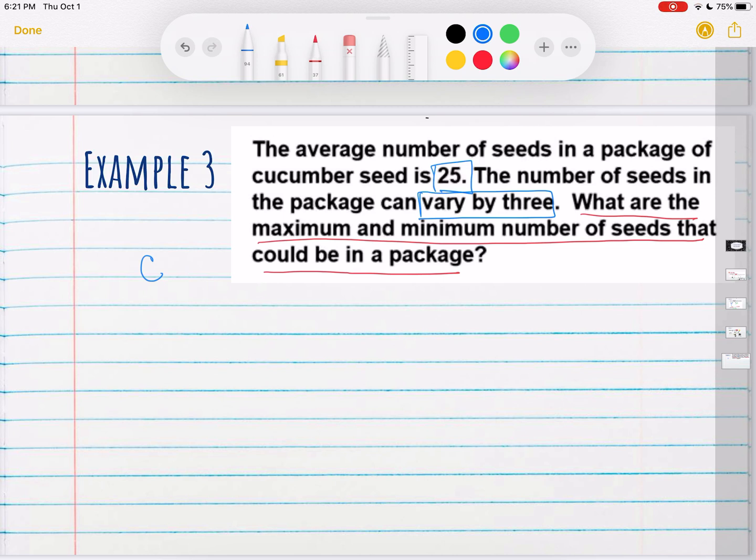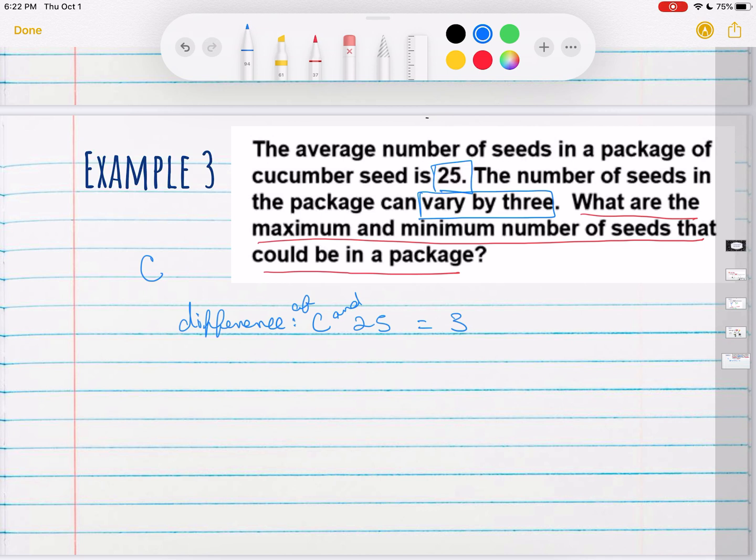We know that the average is 25 and it can vary by 3, meaning the difference between the seeds in our cucumber packet C and the average number of 25, so the difference of C and 25, is equal to 3.